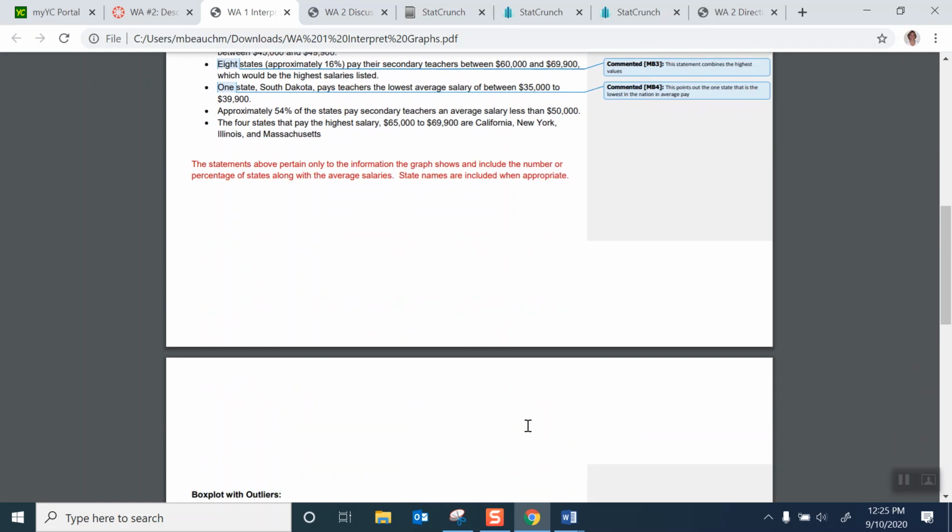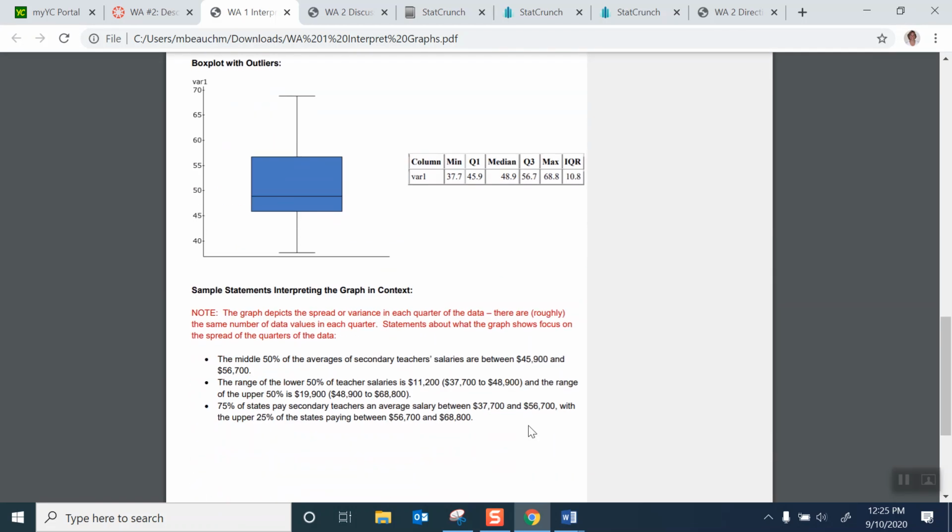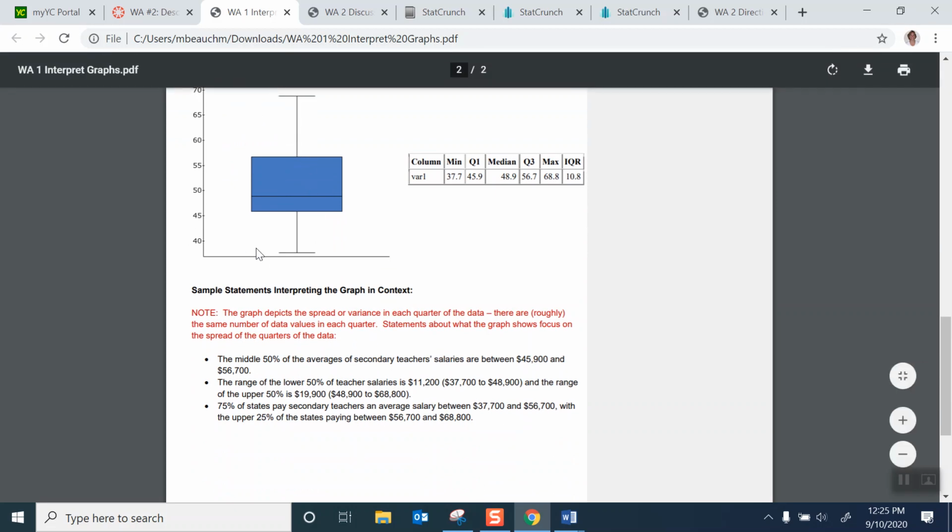Then I've also got examples of box plots. These are a little bit harder to interpret if you haven't worked with box plots. So what box plots do, this one is vertical. From the bottom, this lower fence, it cuts your data up into 25% sections, quartiles. So the first quartile is 45.9 or 45,900.